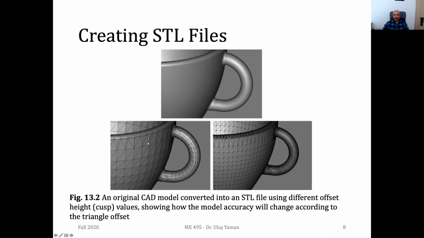And once your triangle sizes are larger, this is, as you see, a rough approximation. But on the right-hand side, we have a better approximation. You see the side lengths of the triangles are decreased, and we have less error in terms of the approximation.